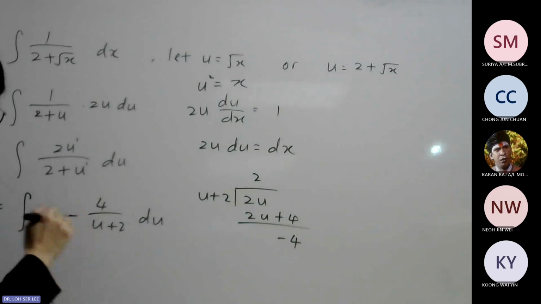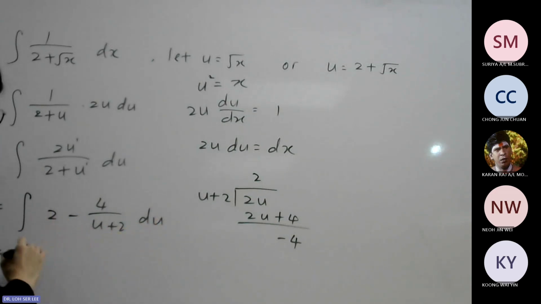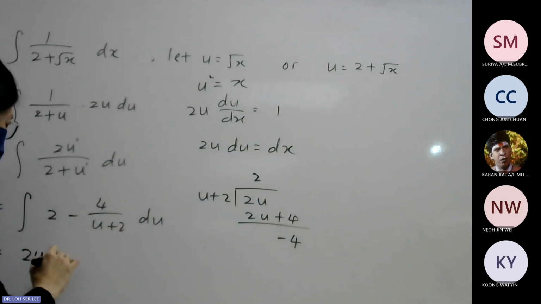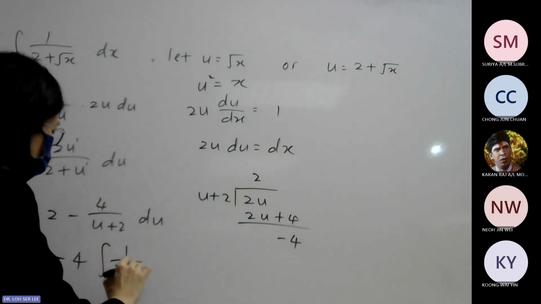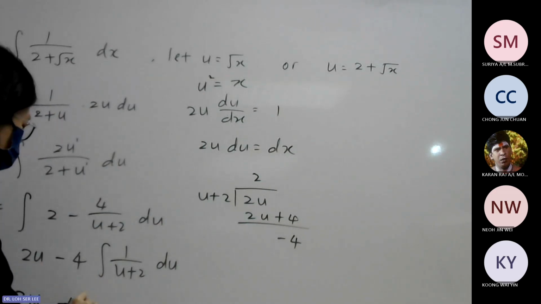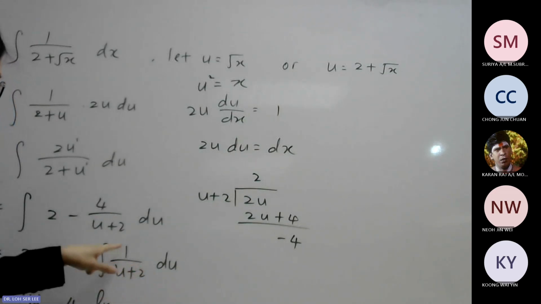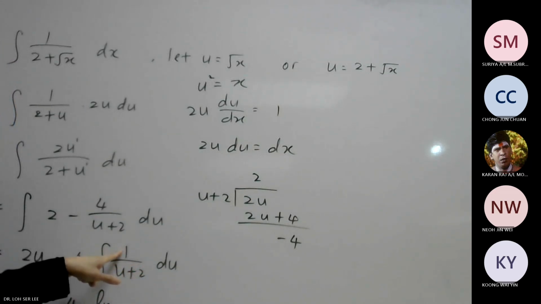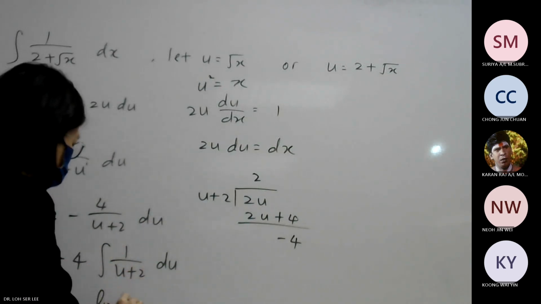Then we integrate with respect to u. So 2 gives 2u. Minus, we factorize the 4, and you are integrating 1 over u plus 2. When you differentiate this, you get 1, so the answer will be log of this function.